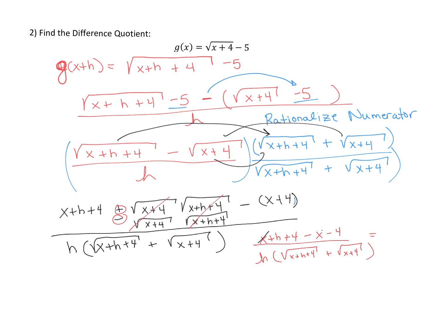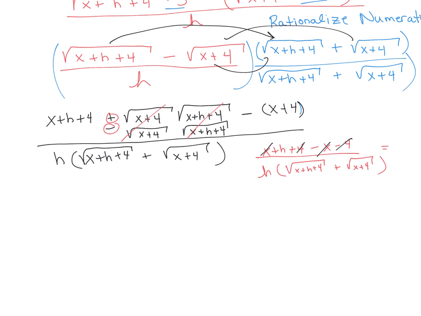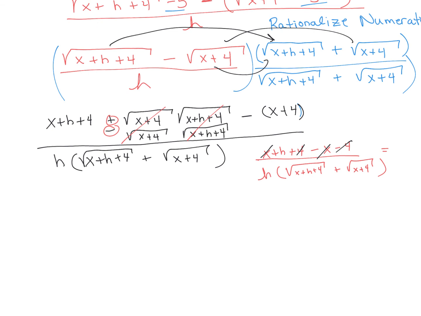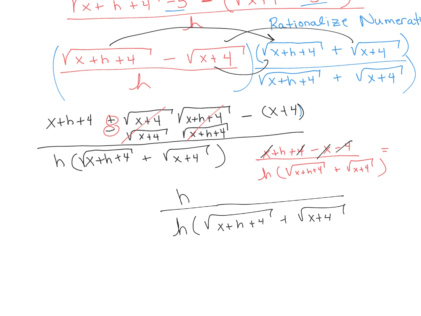So we will have h over h times the square root plus the square root, and those h's will cancel, and I'll just get 1 over the square root of x plus h plus 4 plus the square root of x plus 4.